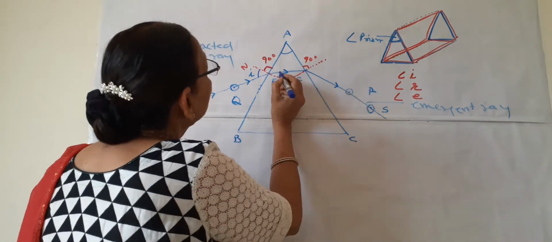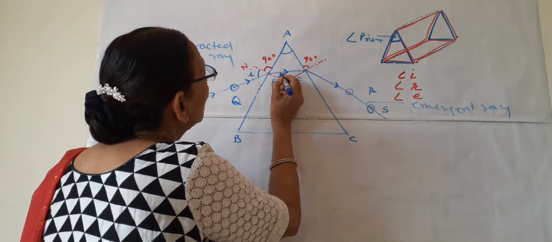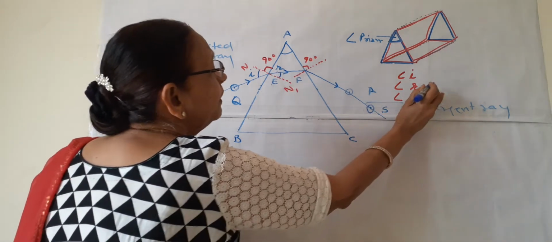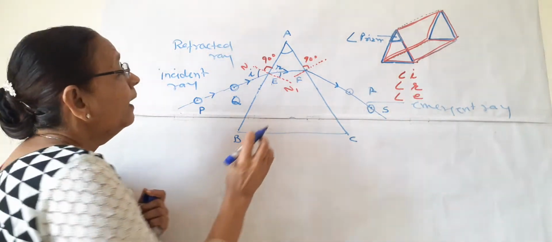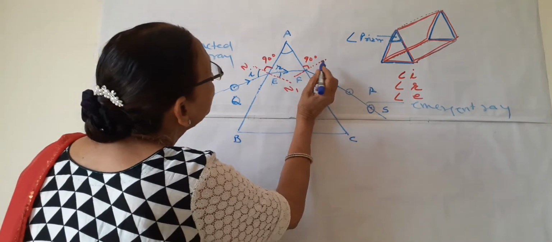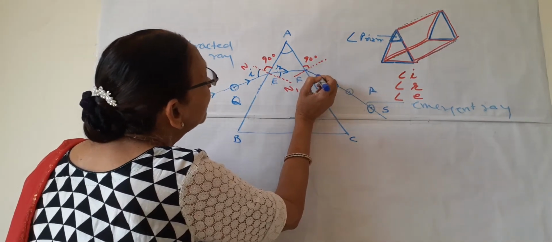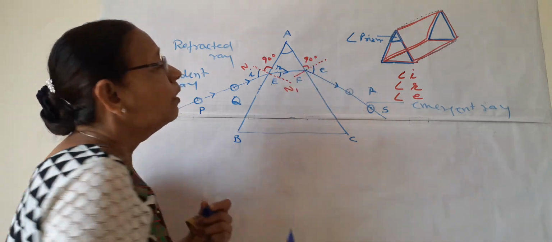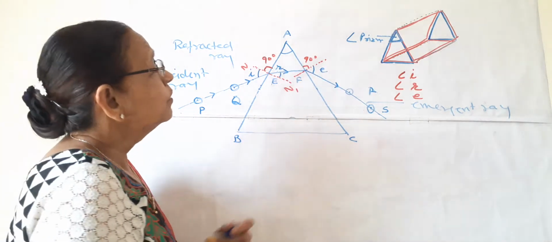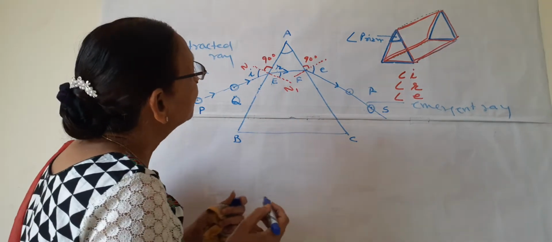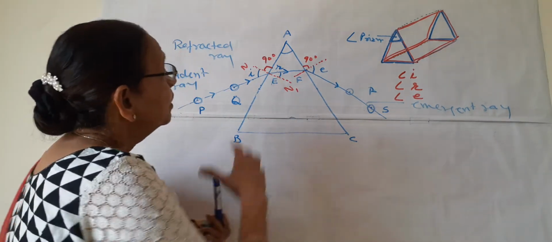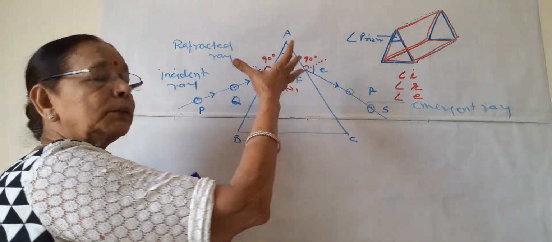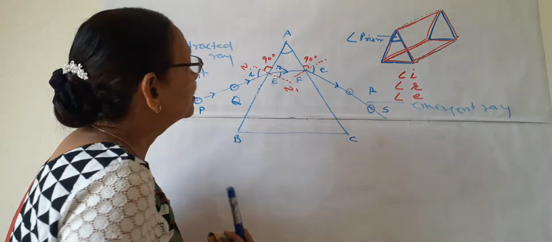The other angle between ray and normal is the angle of refraction. And the third angle between normal and ray is the angle of emergence. So these three angles are formed. This is how we make this. We can measure these angles also.